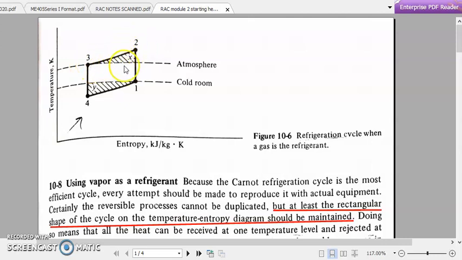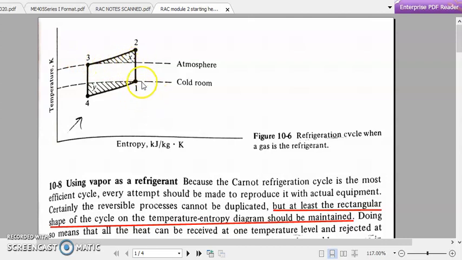If the working fluid can condense during the heat rejection process, then the shape of the line 2-to-3 will no longer be a curve, but a horizontal line. Both 2-to-3 and 4-to-1 become horizontal lines because whenever a material undergoes a phase transformation, it happens at a constant temperature.